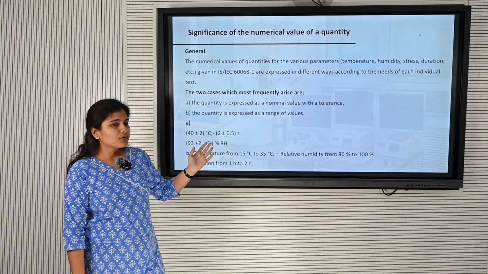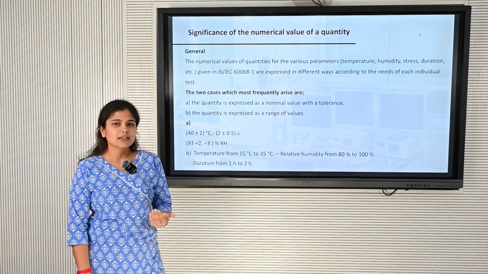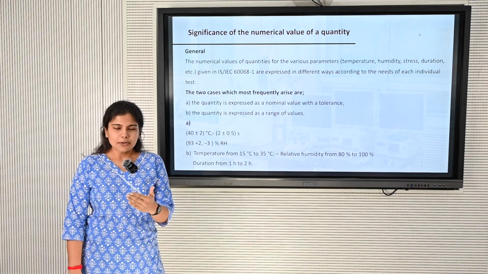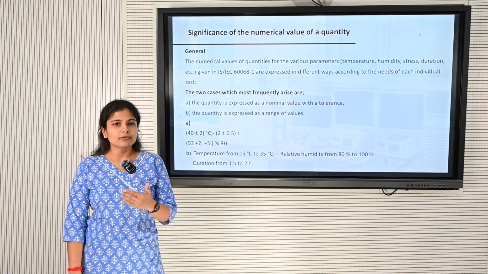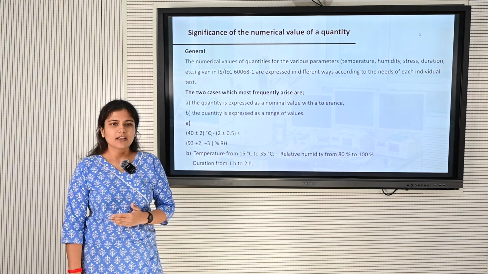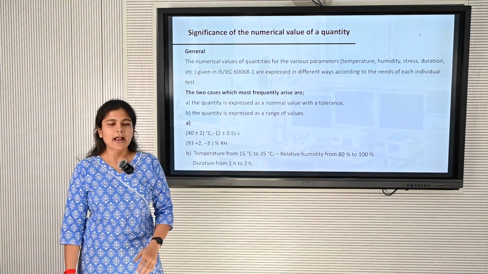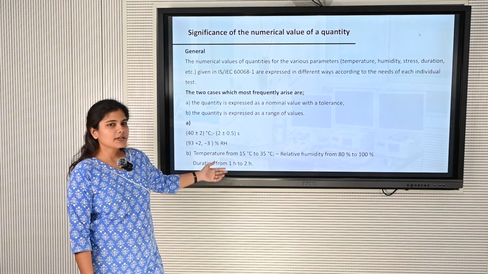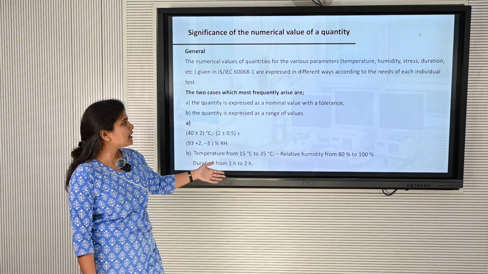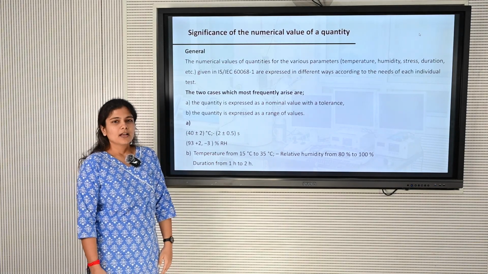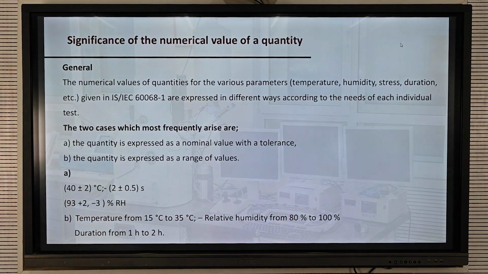Next, for example, we are talking about the numerical value of a quantity. Like I said, in part 1, we generally give the general aspects of the environmental test procedures. One of those general aspects is defining a particular parameter. That is what is given in this slide, talking about a numerical value of a quantity. Now, if we take this aspect, there can be two cases.